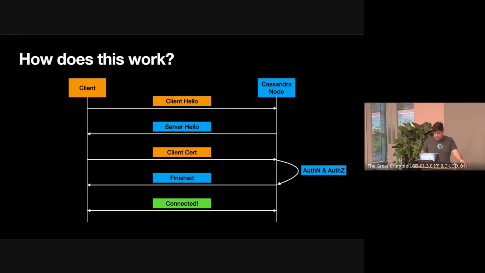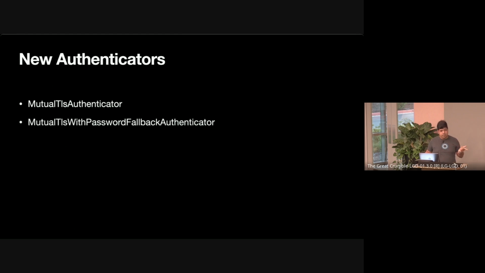So I have a list of authenticators here that you can use. Let's say you want to deploy mutual TLS on your cluster and you don't have passwords. You can directly use a mutual TLS authenticator in Cassandra. This is in 5.0.